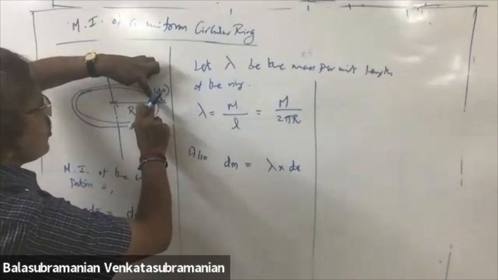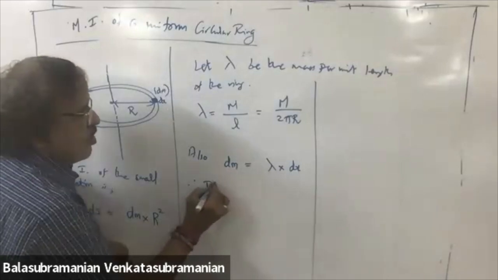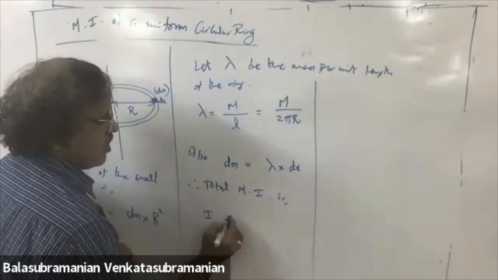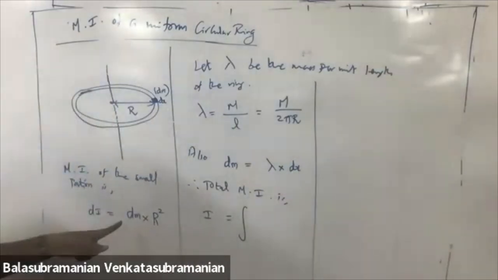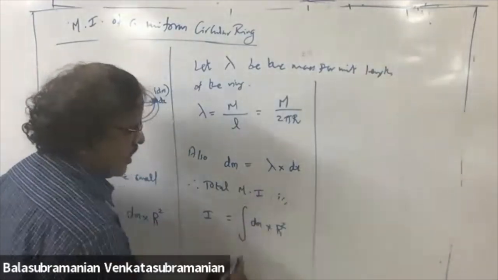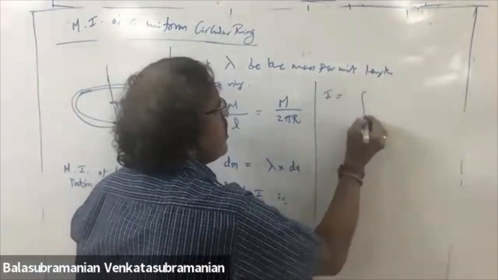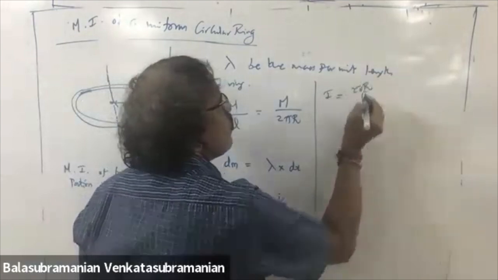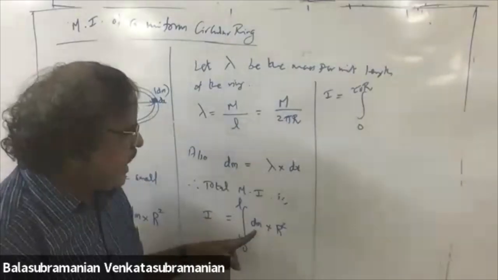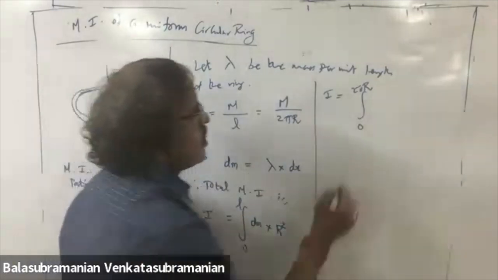Therefore, total moment of inertia I is equal to integral dm into R square, limit 0 to L, where L is nothing but 2 pi R. What is dm?